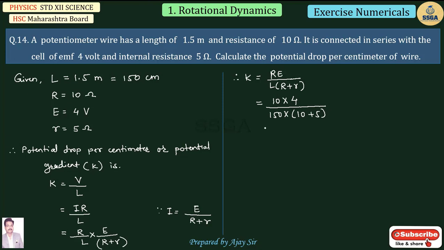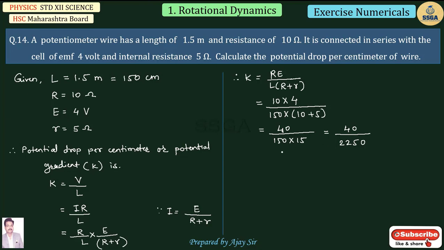Then this will be 40, since 10 fours are 40, divided by 150 into 15. So this term will be 40 divided by 2250. Let us solve this by using the log table.